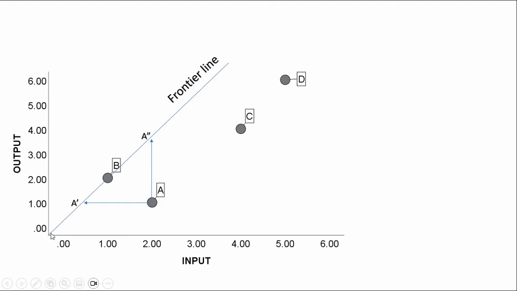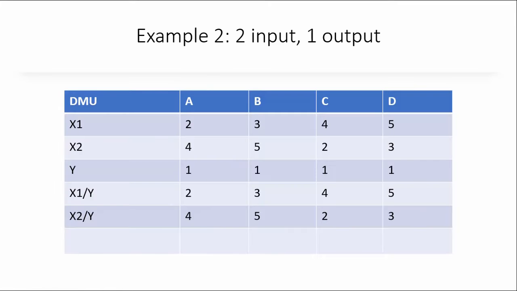So we can get the frontier line, or efficient frontier. This is B, the efficient DMU, and the others are inefficient DMUs. The second example, we have two inputs and one output, X1 and X2.